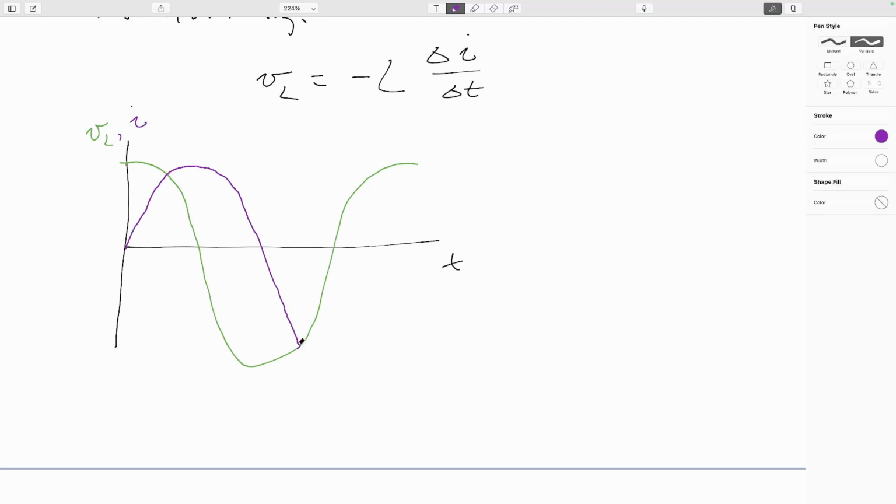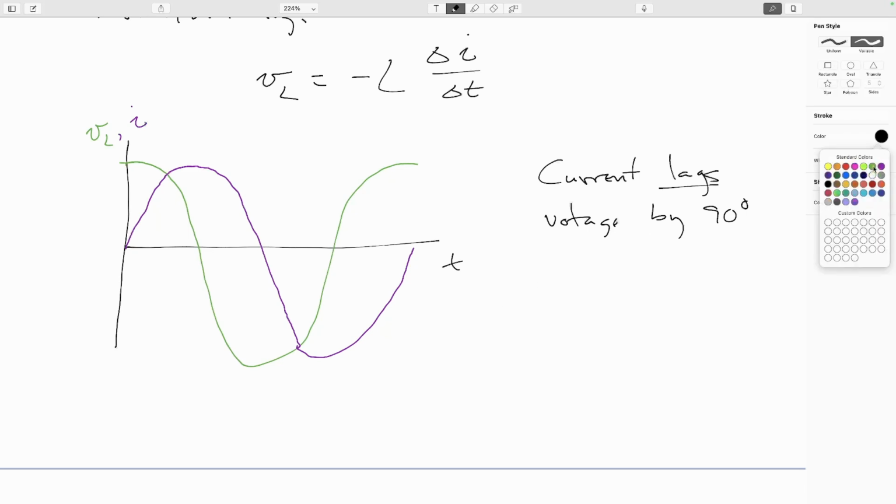Now this isn't the exact same thing as with the capacitor. Here, it is again a 90-degree phase difference like before, but now the difference is that the current lags the voltage by 90 degrees. With the capacitor, the current led the voltage by 90 degrees.